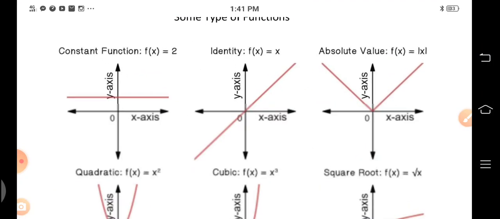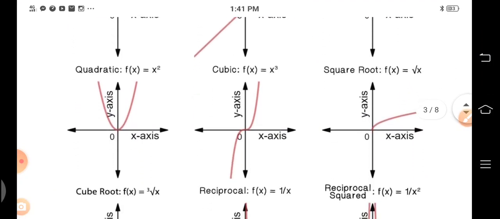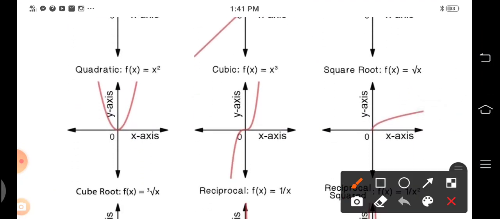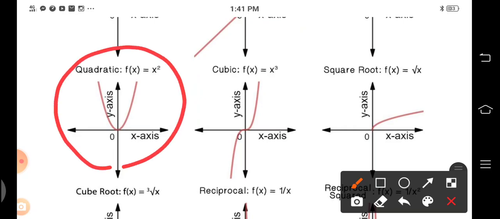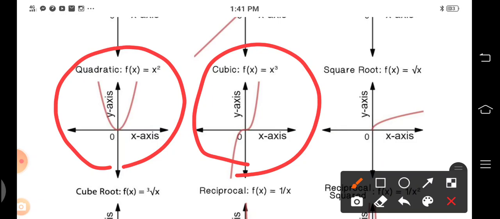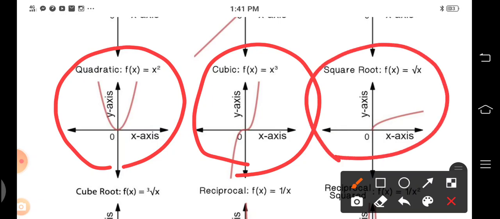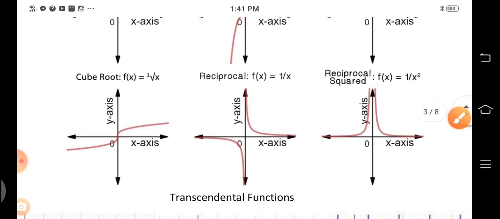Okay, some other functions, we have quadratic function. This is the quadratic function. Cubic function. And square root function. Okay, these are the different examples of functions. We also have the cube root function.